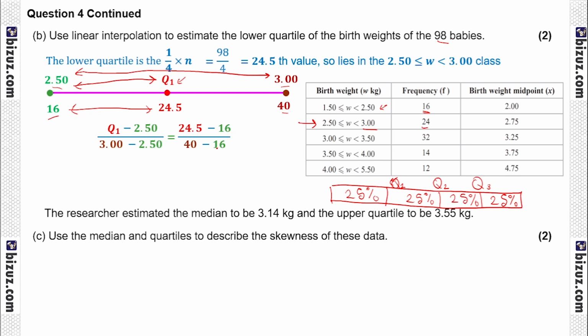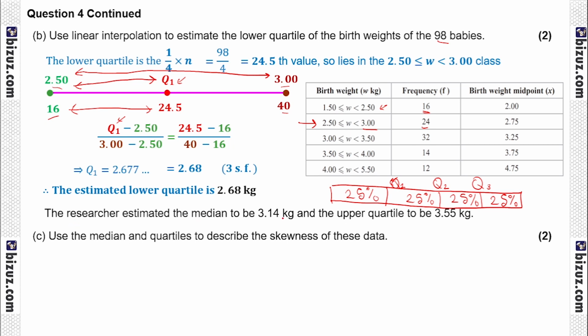That's basically what we have done here. We only have Q1 as an unknown, so we can solve for Q1. That gives us 2.67 recurring. If we round it to three significant figures, we get 2.68. So the estimated lower quartile is 2.68 kilograms.